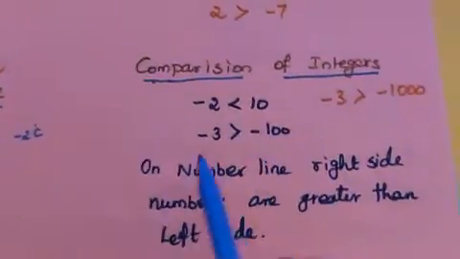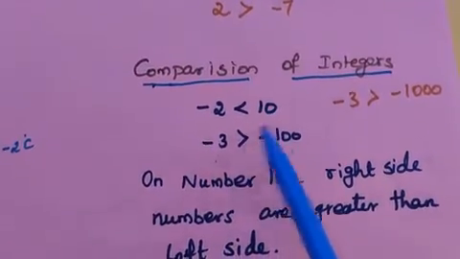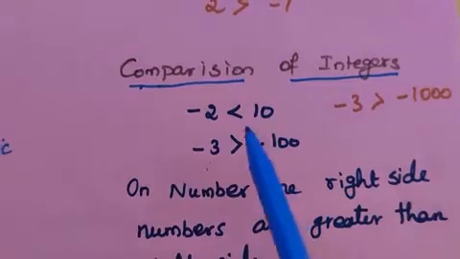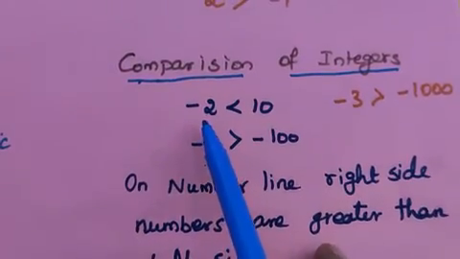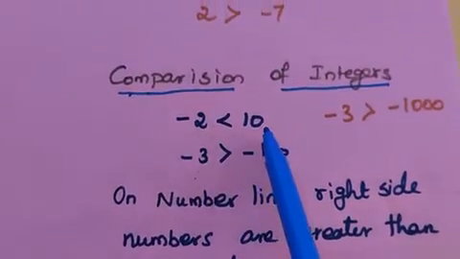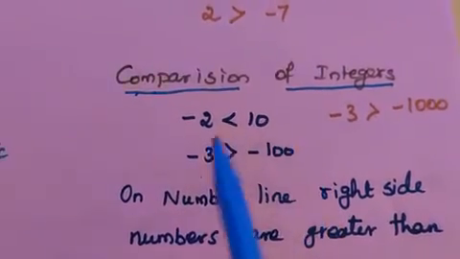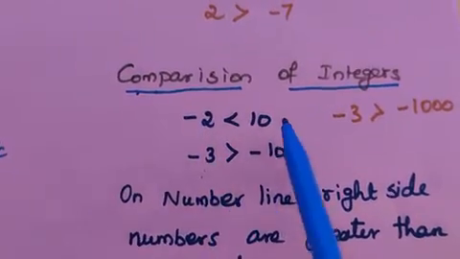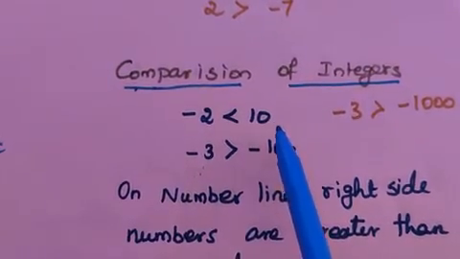If minus 2 and 10 are given, here I wrote minus 2 is less than 10. Already I told you, a negative number is lesser in value when you compare it to a positive number. So automatically minus 2 is less than positive 10.